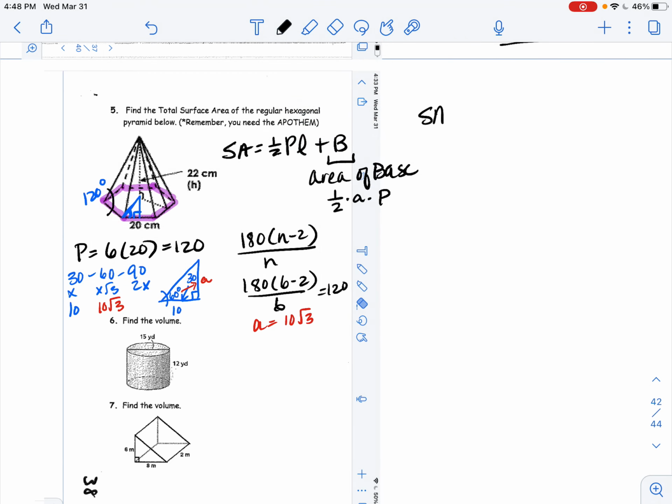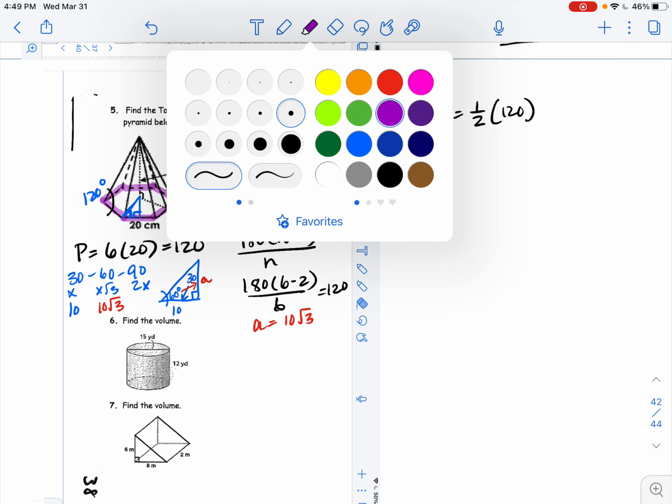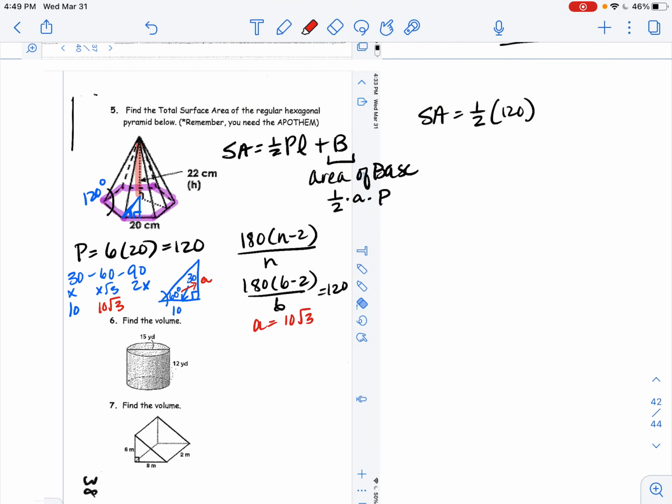Now I'm going to start plugging in some values. So surface area is 1/2. The perimeter we said was 120. The slant height, I don't think we have the slant height yet. Let me think. What we need to do is highlight this in another color.